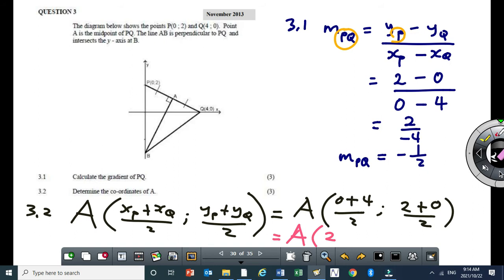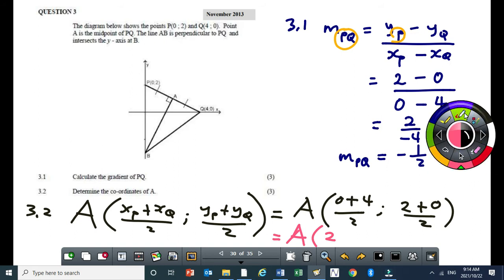It's just that if I'm dealing with specific points, I prefer to use the letters of those points. So this was straightforward.